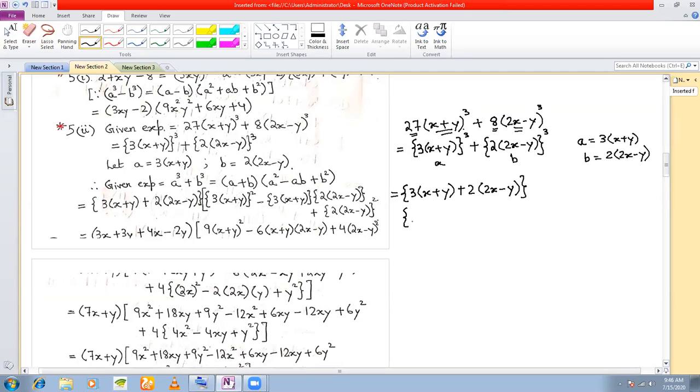into a square, that means thrice of x plus y, we use box brackets, thrice of x plus y whole square, minus, sorry, not plus, this is minus.